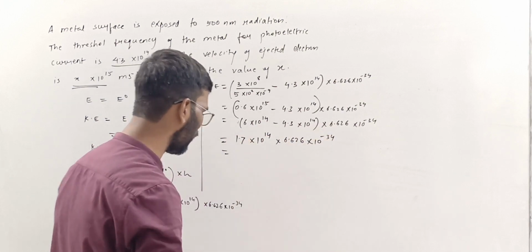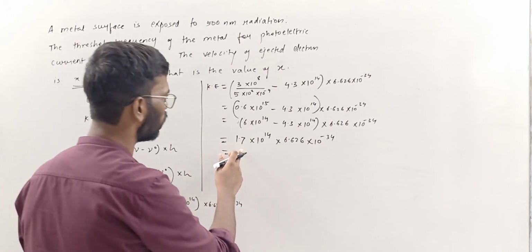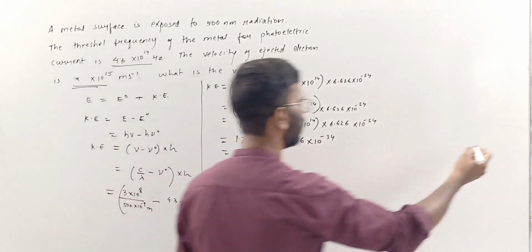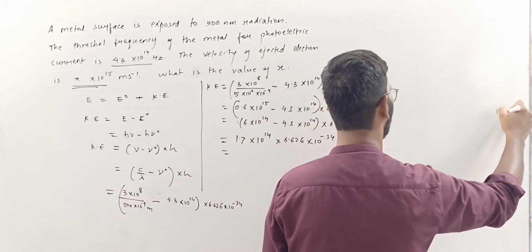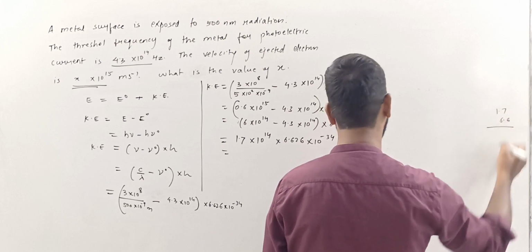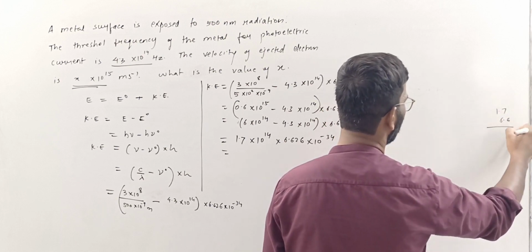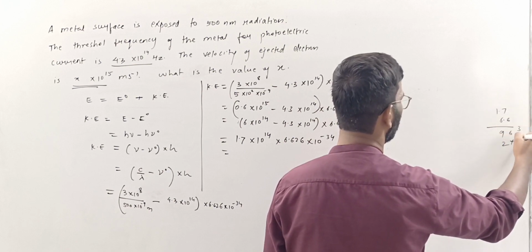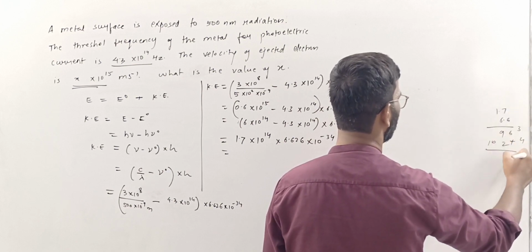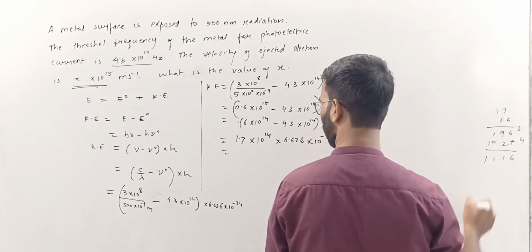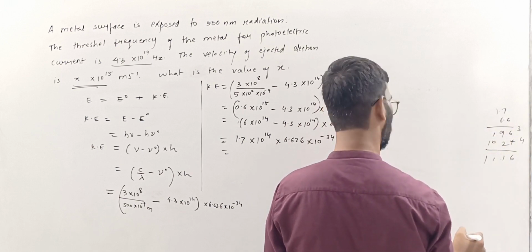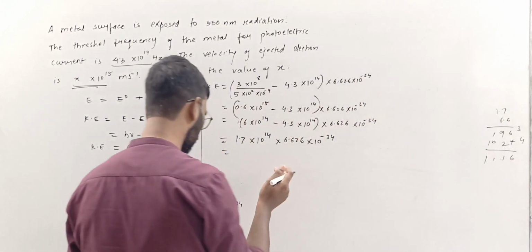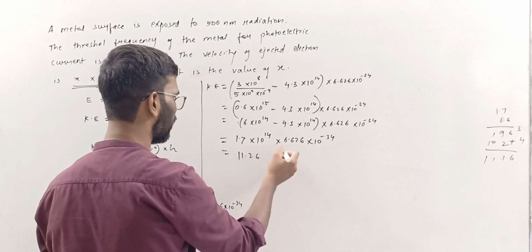So 1.7 times 6.626, we'll do this here. 1.7 and 6.6, some value will come to around 11.26.